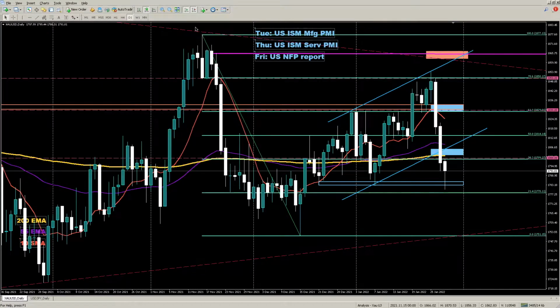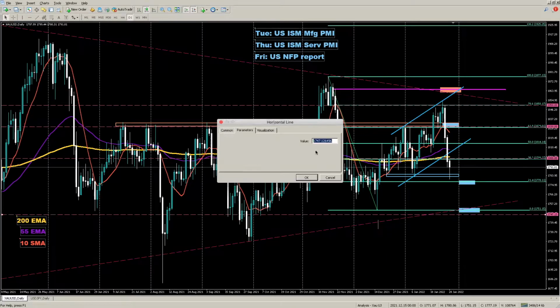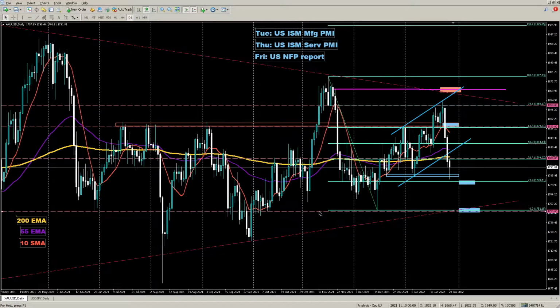So now let's mark this as our first support level, and then this will be the next critical support zone. Let's also add a round figure at 1750.